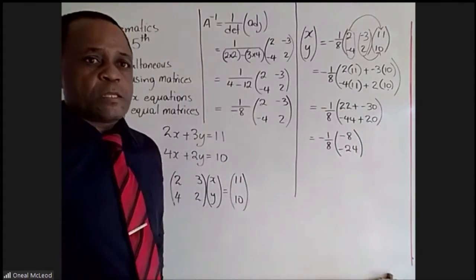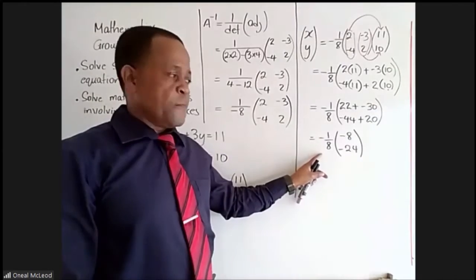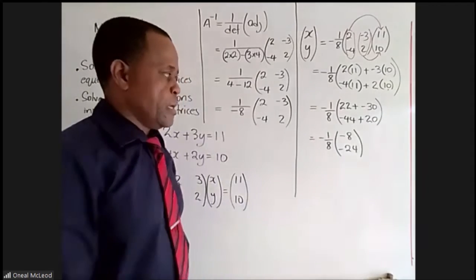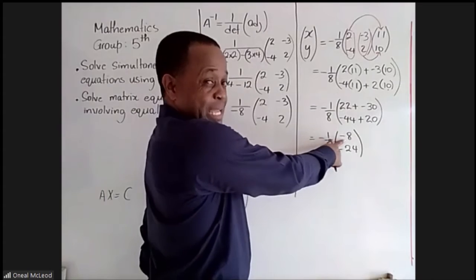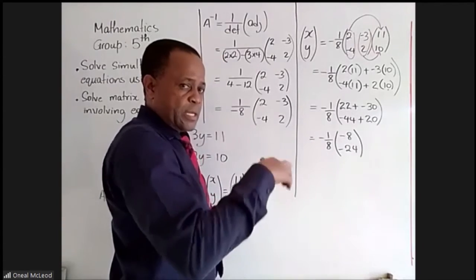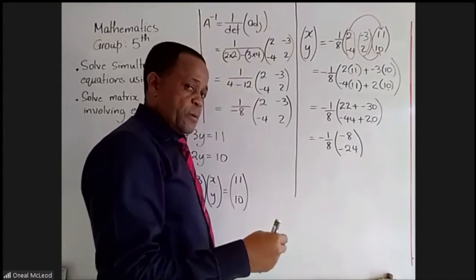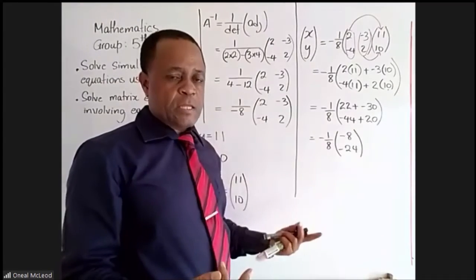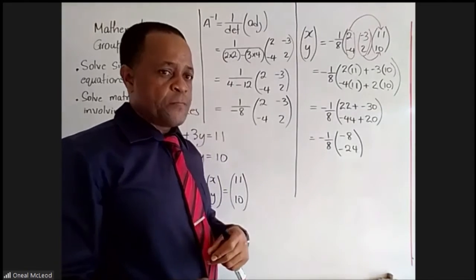Now, at this stage, students, this is where we use our inverted determinant to multiply each term on the inside. Here, this is going to be negative 1/8 times negative 8. You realize that that will work out to give you a positive, because a negative times a negative gives you a positive. Also remember that multiplying by negative 1/8 is the same thing as dividing by negative 8.